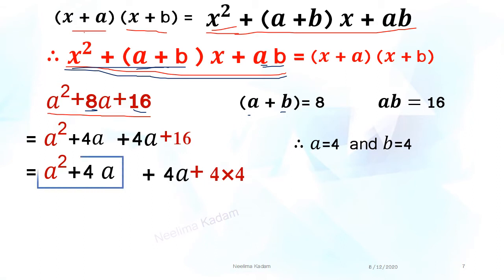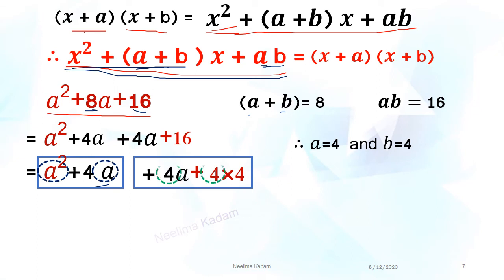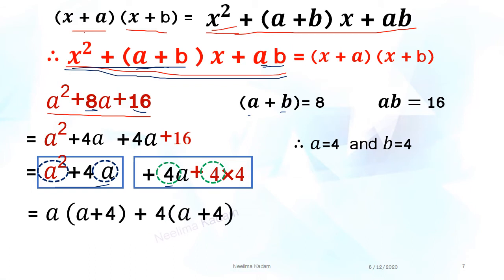Now consider this one binomial and this is another binomial. Now let's find out what is common in both these binomials. In the first case, what is common? a. And in the second, what number is common? 4 is common. So let's take common from each of these, that is a into a plus 4 plus 4 into a plus 4.